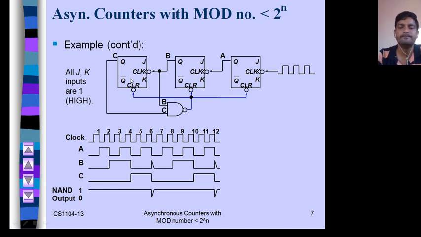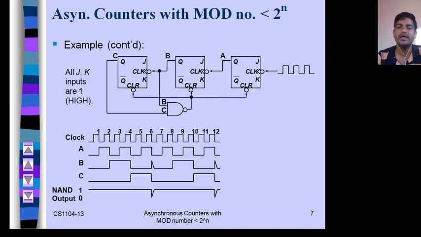First implement a mod N binary counter, where capital N is the modulus of the counter. Then we will try to skip the values.